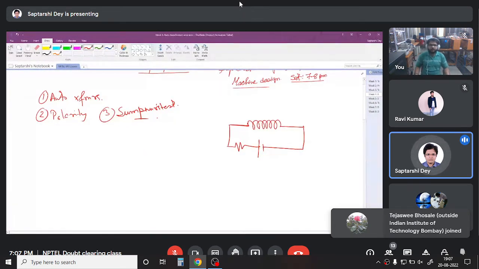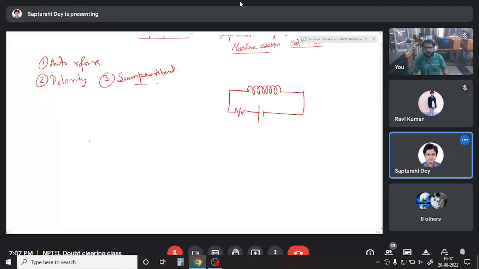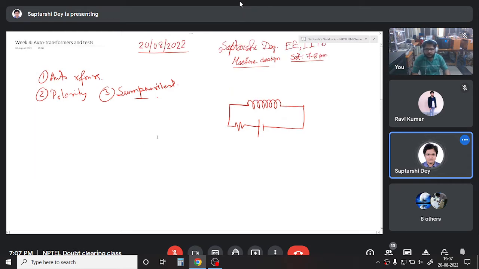So the dot convention of a transformer, or in a more general way, the dot convention of coupled inductive circuits, is meant for representation of the sense of winding of several windings. If there is only one winding, then it doesn't matter. There is no sense of dot.